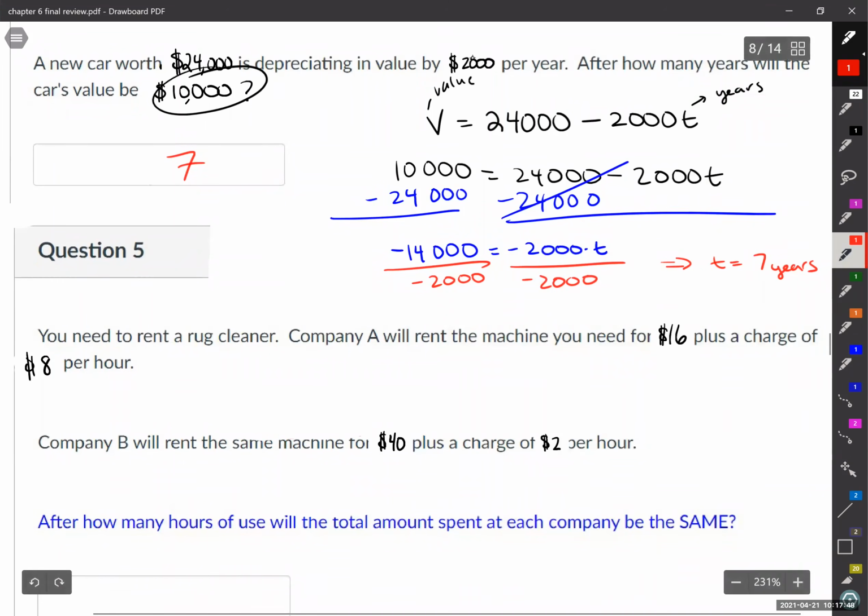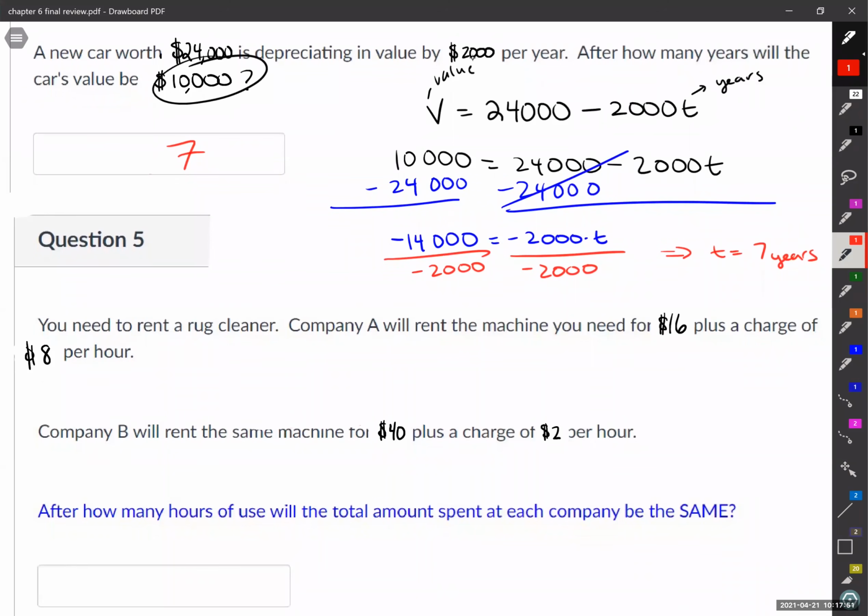See through our next question. So both of these deal with the cost.